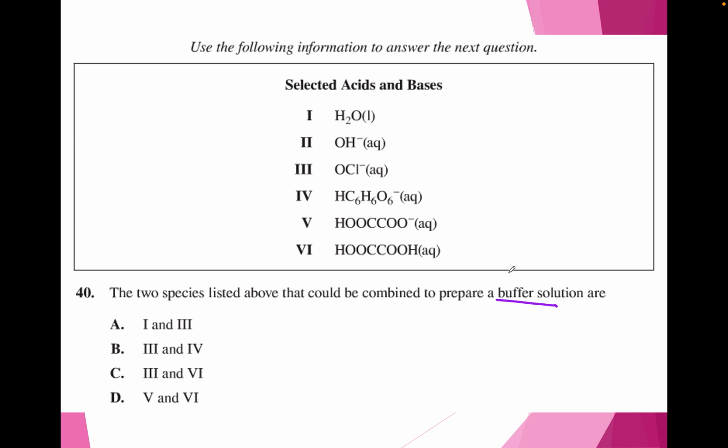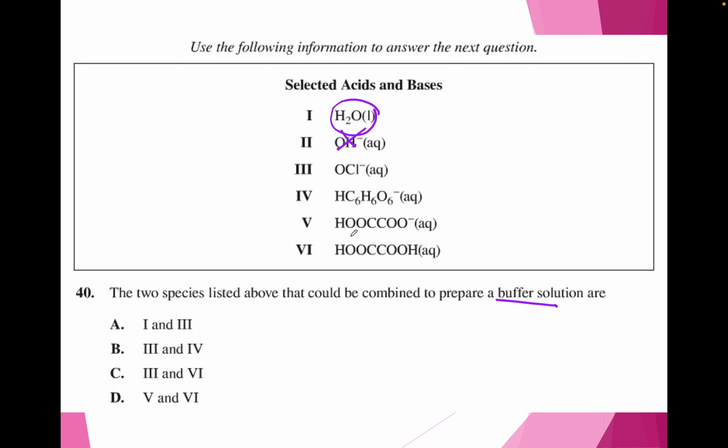So we would not pick 1 or 2 because even the water can act like an acid and a base. OH is strong, so we're not going to choose that. So coming down here, it looks like it's going to be 4 and 5. So just double checking, because we don't have any other acid with this conjugate base other than the top one there.